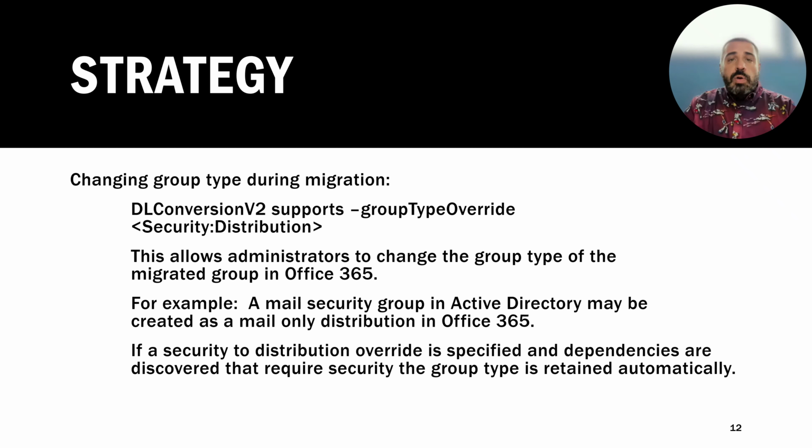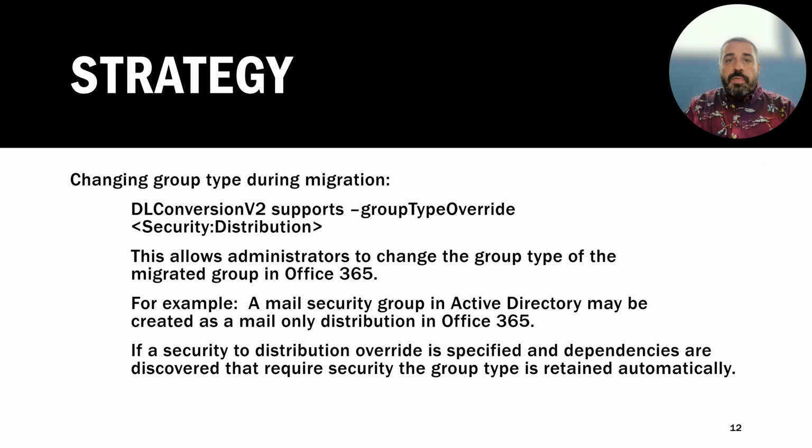So when you're doing your group analysis, if you determine that the group needs to be retained in Active Directory as security, but in Office 365 it only needs to be created as distribution, you can specify the group type override and it will be created as distribution. The only exception to this is if any of the information gathered during the migration process determines that the only way to successfully migrate the group is as a security group.